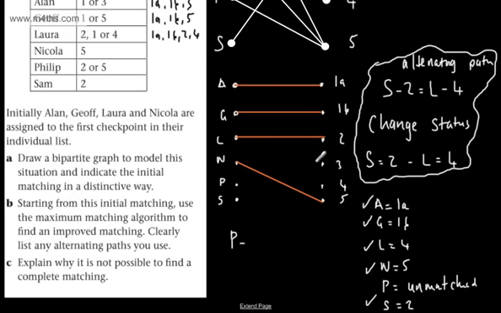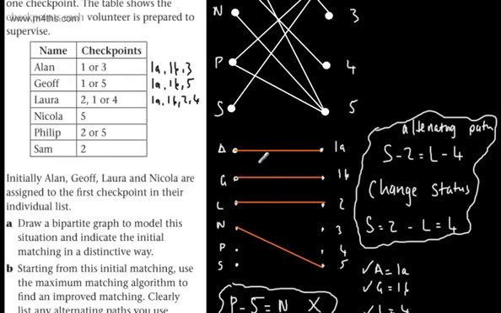The idea is I link the pair. So P to 5. Now 5 is currently matched to Nicola. Nicola can't be matched to anything else, so this is not going to work. So we would start again, and you can of course look ahead in advance.